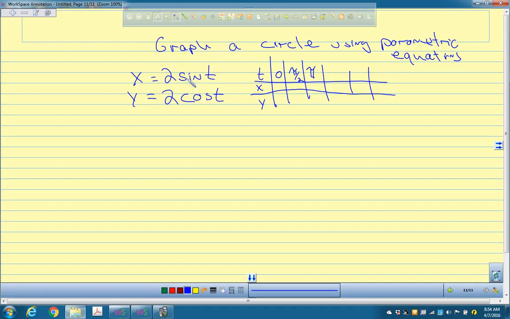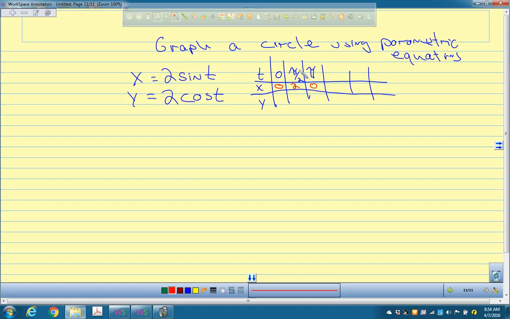Does anyone remember what the sine of 0 is? 0. What's the sine of pi over 2? 1. What's the sine of pi? 0. Okay, remember that?